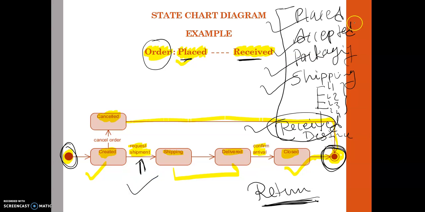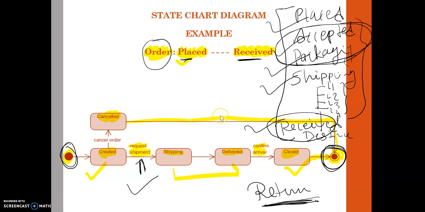but you can also mention all these things, right? So why don't we normally put accepted and packaging and all these things? You can mention them, because if you want to draw the track diagram for this, you can easily draw it through all these states, right?